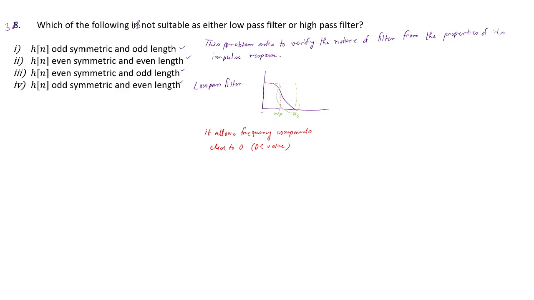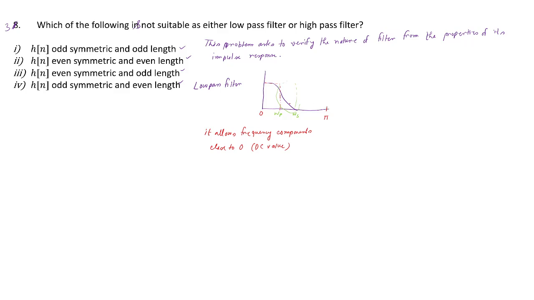Therefore its spectrum, in this range starting from the DC value up to a certain frequency, allows only low frequency components. And pi corresponds to the high frequency.